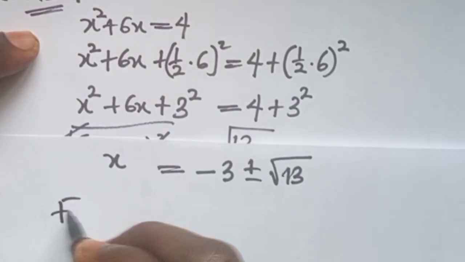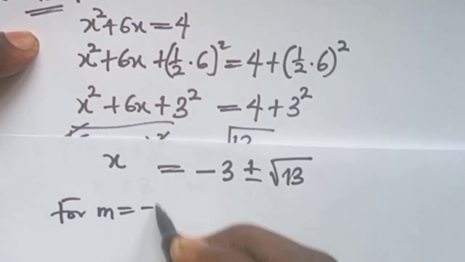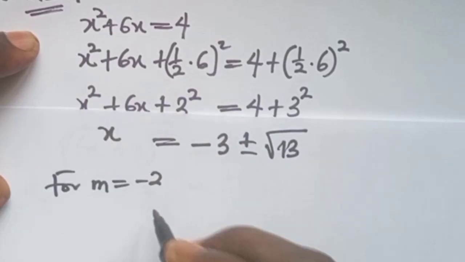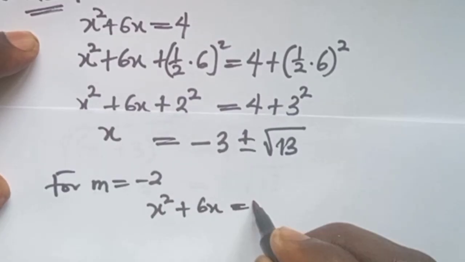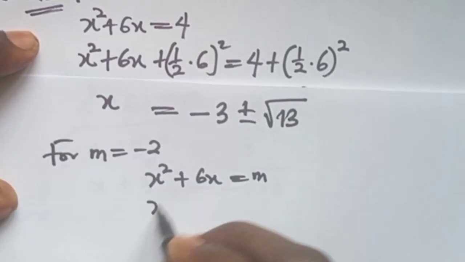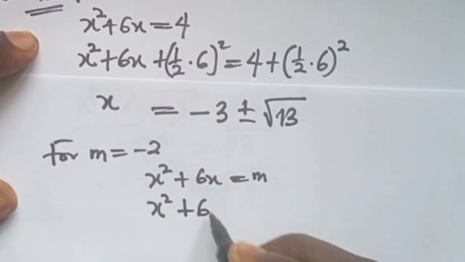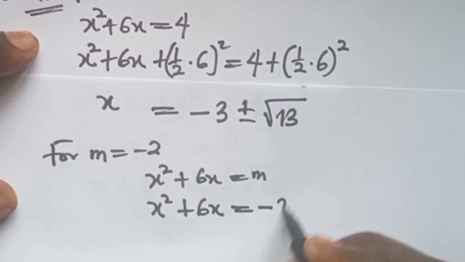Again, for m equals minus 2, our equation x to the power of 2 plus 6x equals m, so that x to the power of 2 plus 6x equals minus 2.